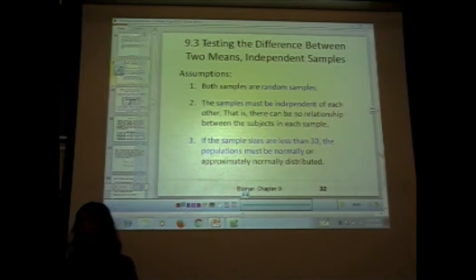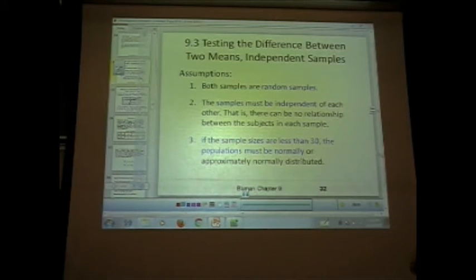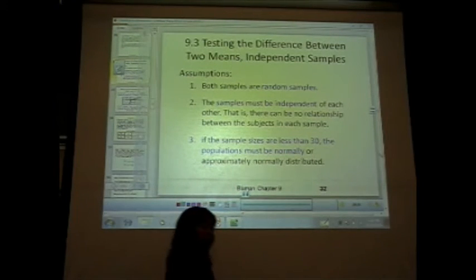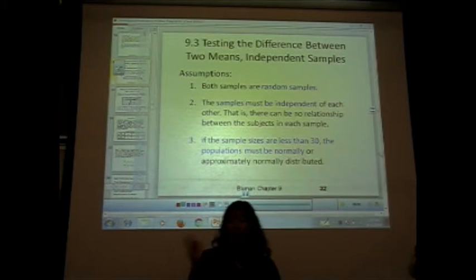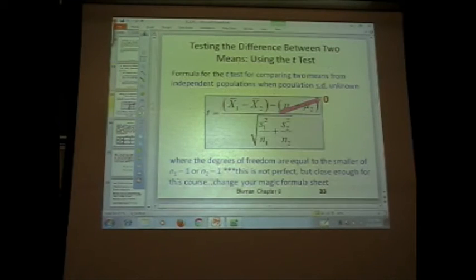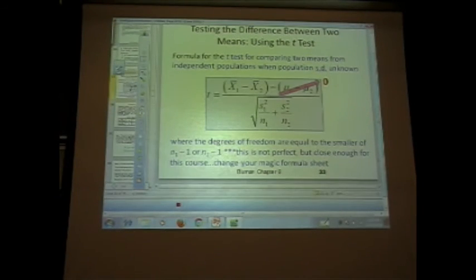Great. So samples are independent. That means you take a sample, and then disregarding that sample, you just randomly take another sample, and they have nothing to do with each other. That's what we're going to talk about first. Two independent samples. It's very similar to the previous stuff.